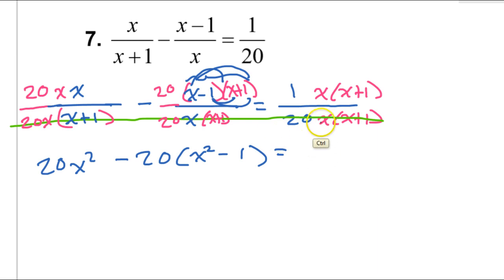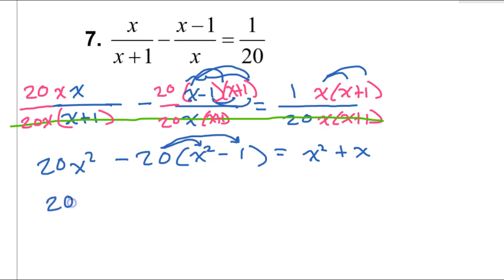And this is going to equal this numerator. And I am going to go ahead and distribute here. So that's going to give me x squared plus x. All right, so now I'm going to distribute this 20, but it's really a negative 20, so be careful. The negative goes with it. I'm distributing a negative 20.